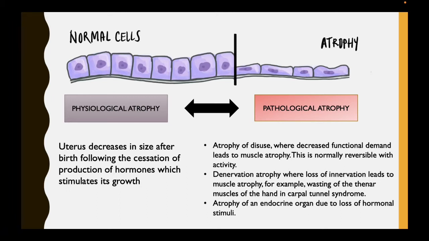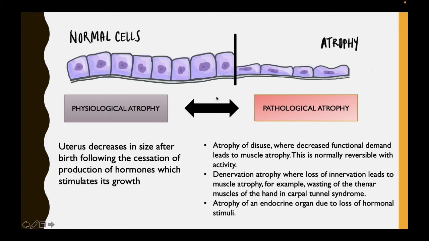But once you start using these muscles, they undergo hypertrophy, so they go back. Hypertrophy is physiological in this situation because it is the way the body responds to activity. So, like I mentioned here, this is normally reversible with activity. When you perform activity after the state of immobilization, then these cells grow back, going back to increasing in their size and looking like the normal cells.